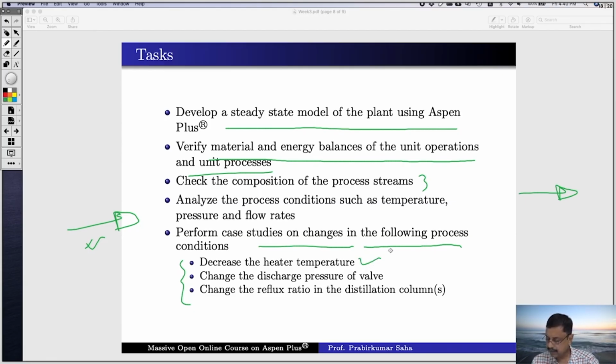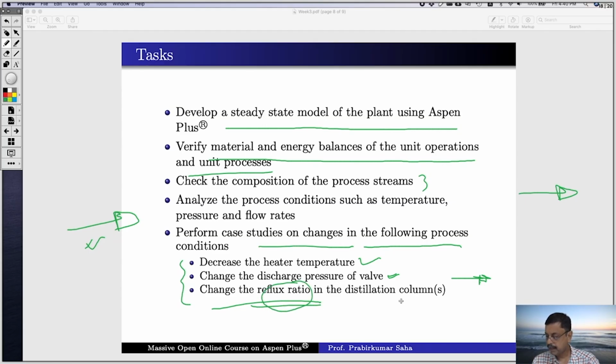Change the discharge pressure of the valve, because the discharge pressure of the valve decides how much liquefaction will happen after the valve, after the flash tank. And finally, we will change the reflux ratio in the distillation column and see what would be the results of change in reflux ratio.